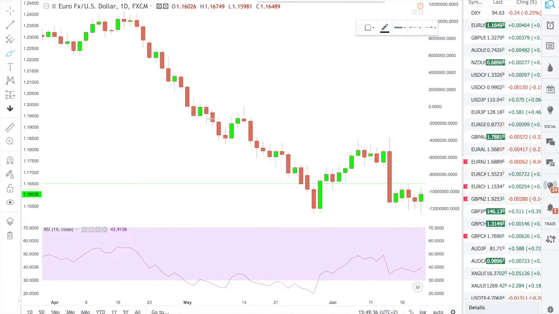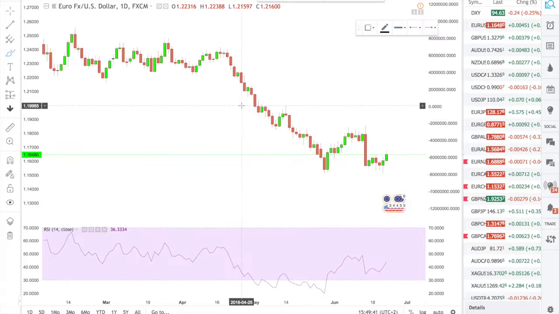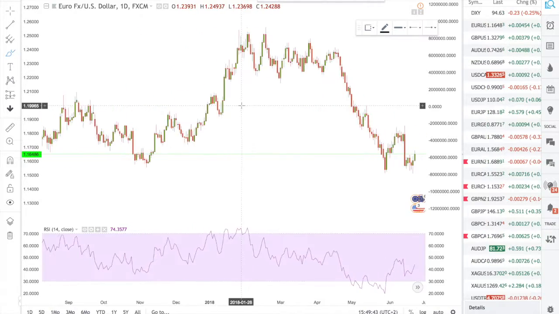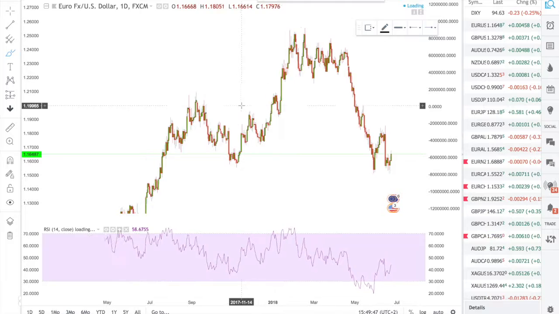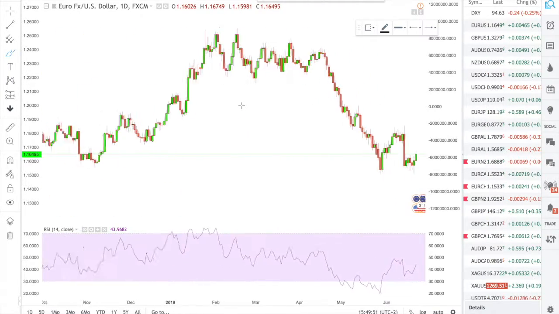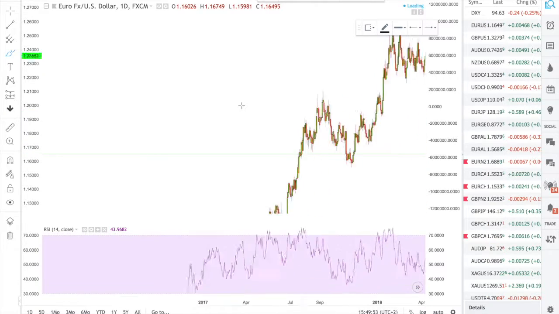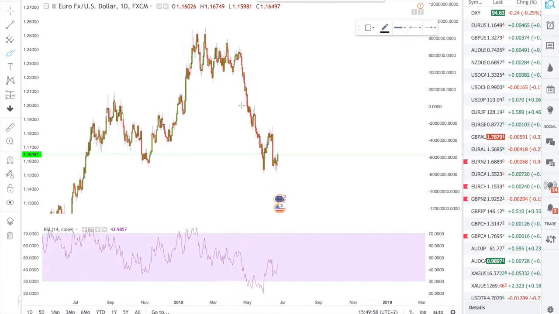So perfect. If you want to make it smaller, you can also scroll.